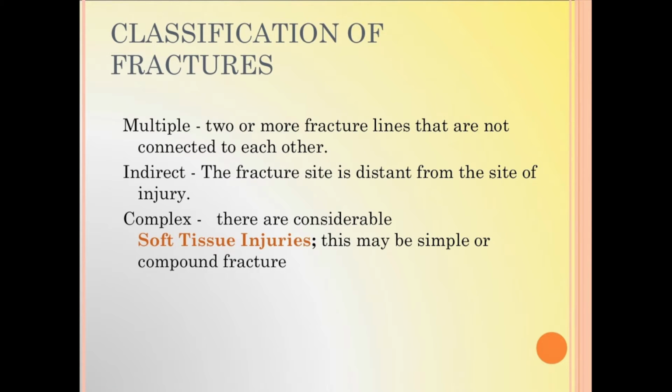Multiple: two or more fracture lines that are not connected to each other. Indirect: the fracture site is distant from the site of injury. Complex: there are considerable soft tissue injuries; this may be a simple or compound fracture.